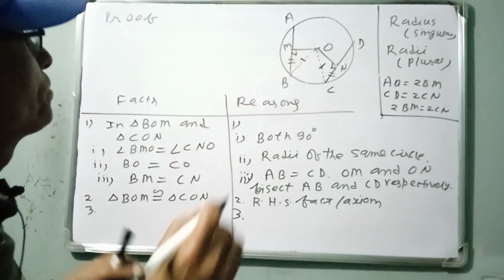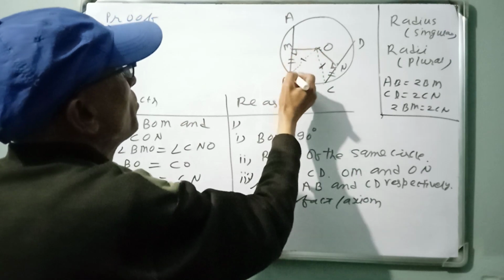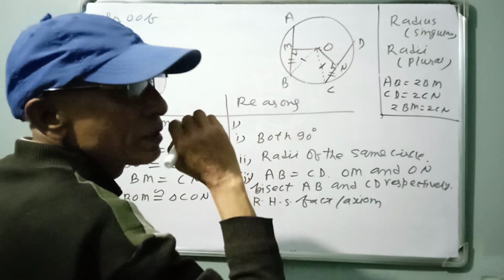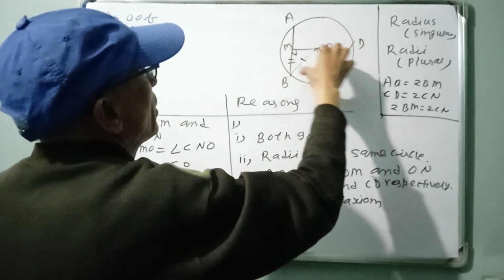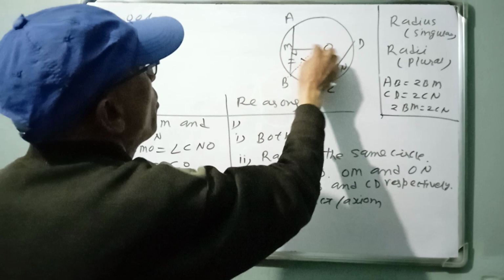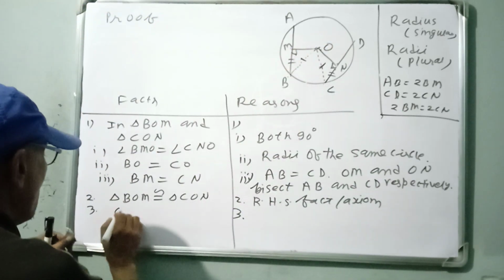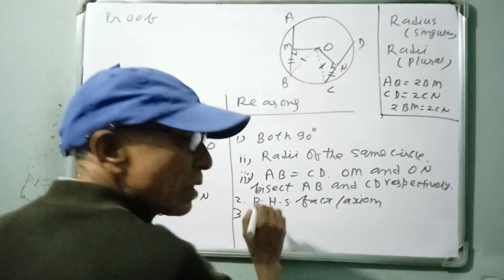Number 3: the two triangles are congruent. Then which are equal? Since OB equals OC and BM equals CN, which side is left? First equals first, second equals second. Two triangles are congruent, so OM equals ON. Reason?